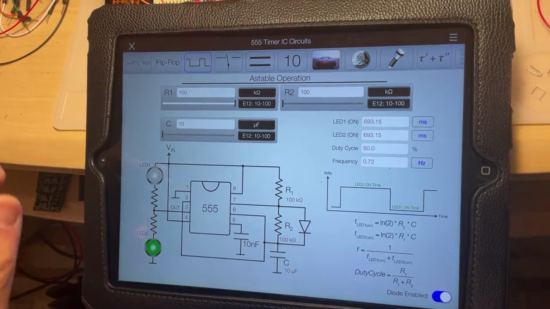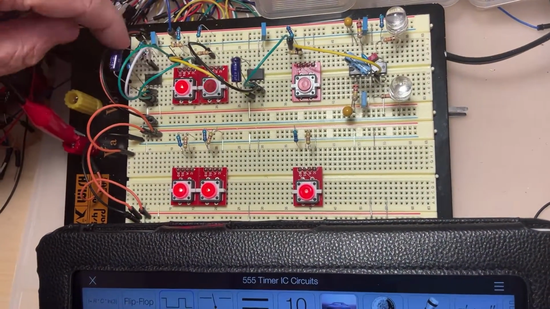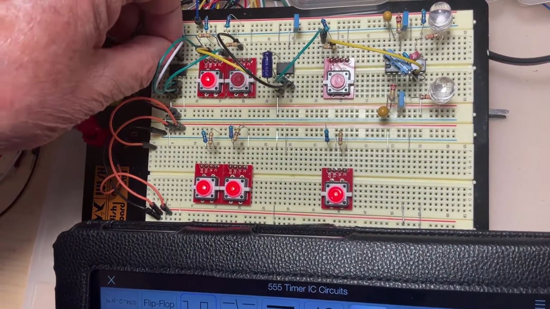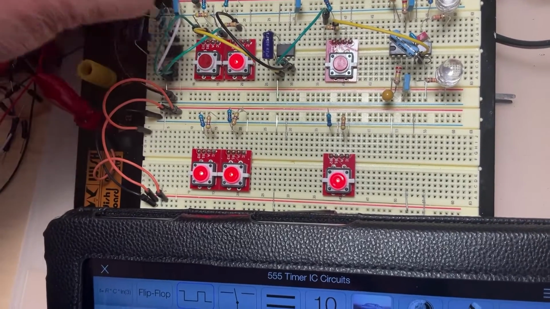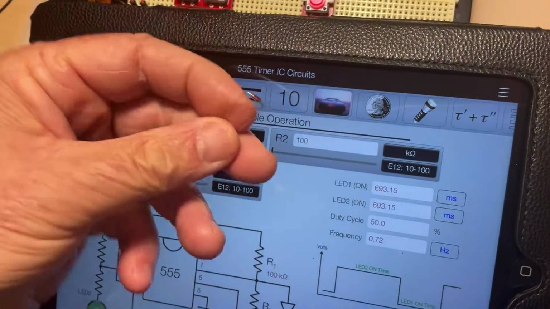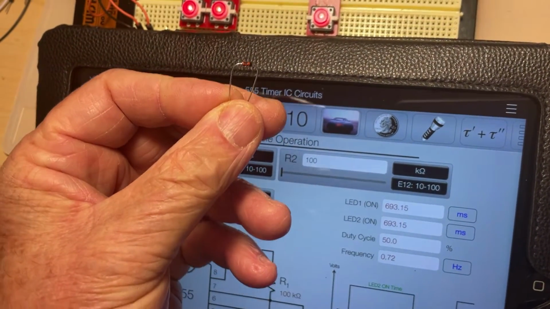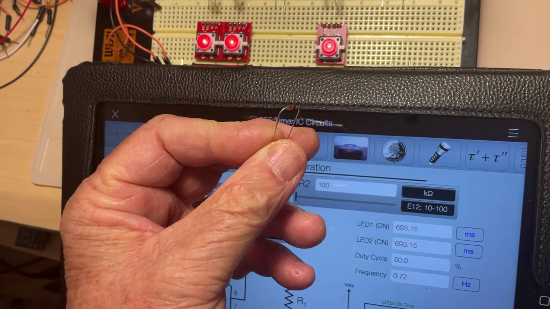And what happens is, if I just remove the little diode, I'm gonna remove it quickly, like this, this very little glass diode, a typical switching diode 1N4148.